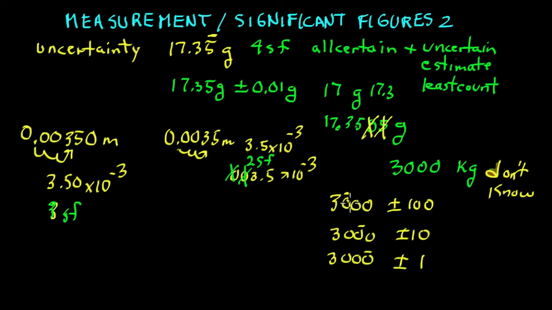So you notice this could be 3,100 to 2,900. This could be 3,010 to 2,990. So you see why the answer is you don't know.